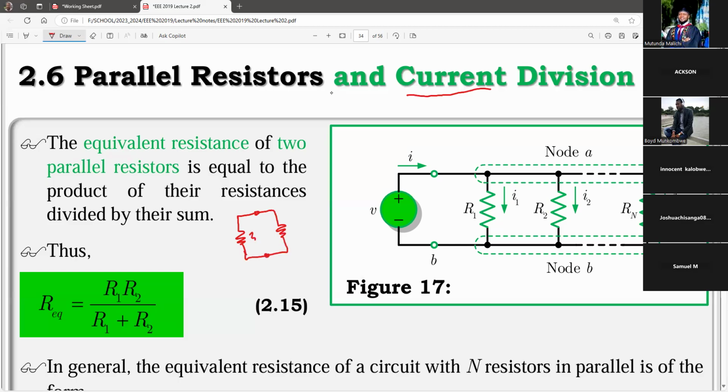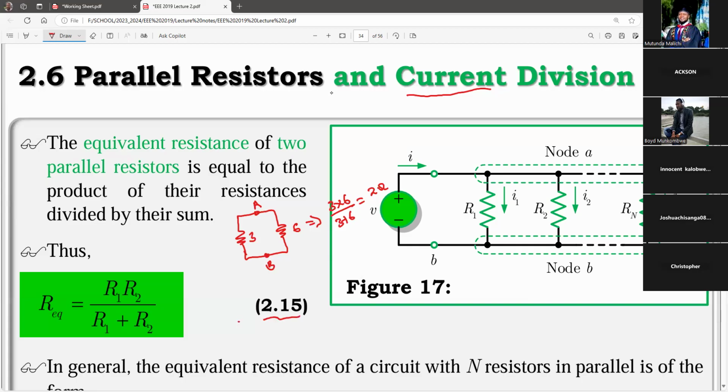If we say that this is 3 and this is 6, then the equivalent resistance you get from these two resistors connected in parallel will be 3 times 6 over 3 plus 6. I think this should clearly be 2 ohms. That's how you get it for two of them. You use this equation.